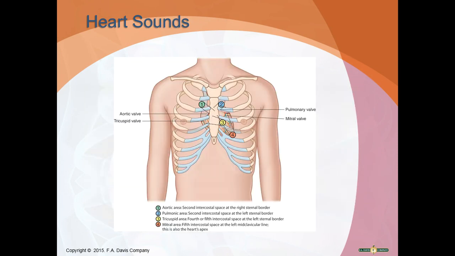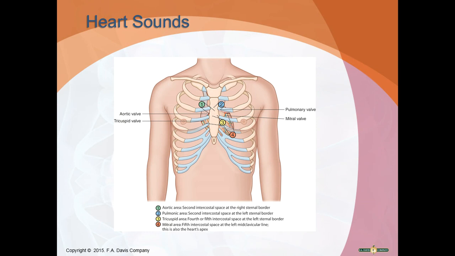So when the heart valves close, they produce vibrations that can be heard with a stethoscope on the body surface. Think of how a door closing makes a sound. By listening in key areas, the sounds made by the individual valves can be identified. In the aortic area, the second intercostal space, right sternal border.